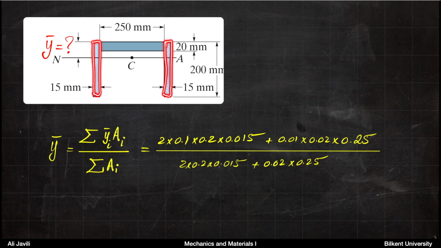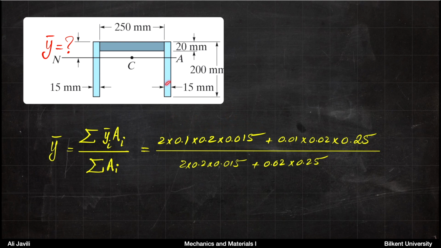For each of them, we know that their centroid is at the distance 100 millimeters from top. So that's your 0.1 here, that's distance from top. The 2 is because you have 2 of them on right and left. And then the term here you see is basically height times thickness. So this is their area.